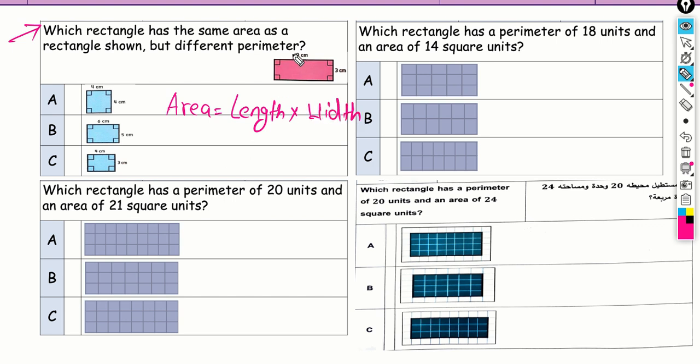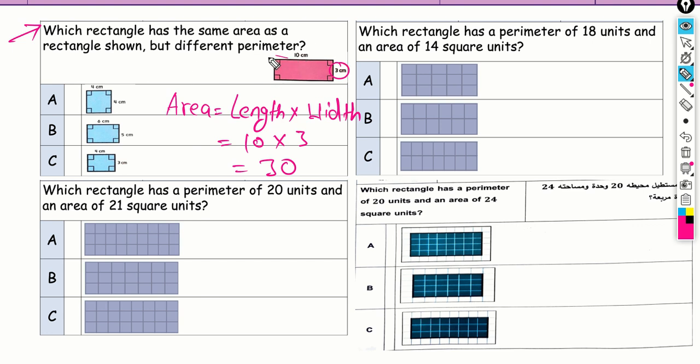So for this pink rectangle, it is 10 times 3, and this gives you 30. So our question says which rectangle has the same area as the rectangle shown. So which one of them has 30 as area but a different perimeter?